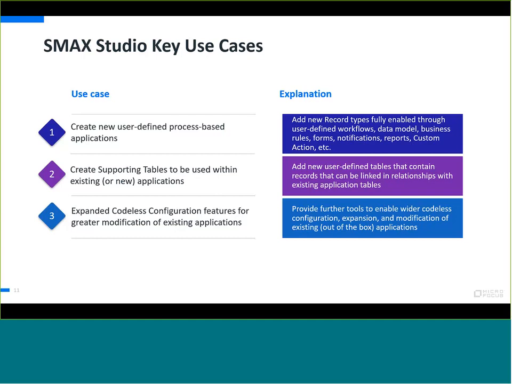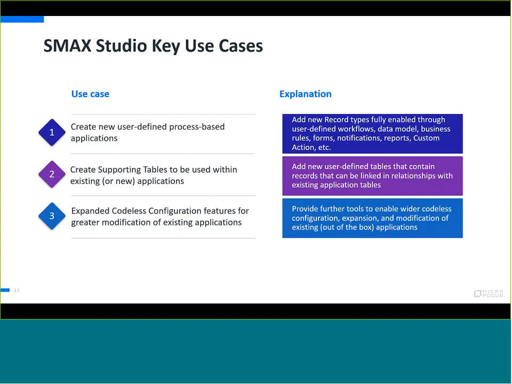And then the third use case is really just expanding our codeless configuration capabilities. Use cases 1 and 2, and also extending the out-of-box applications that we provide as part of the tool, use our codeless configuration features. There's always new things to add there.